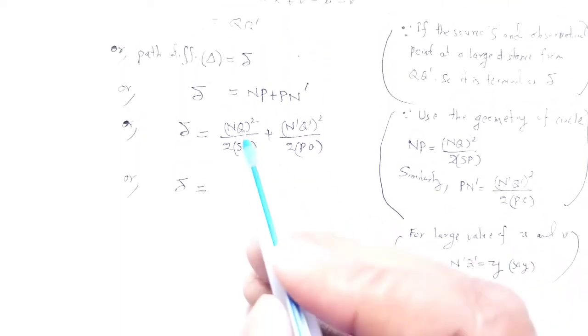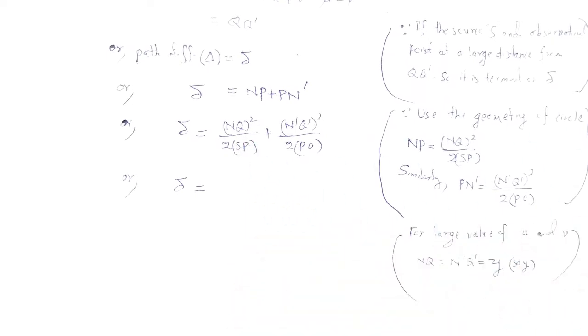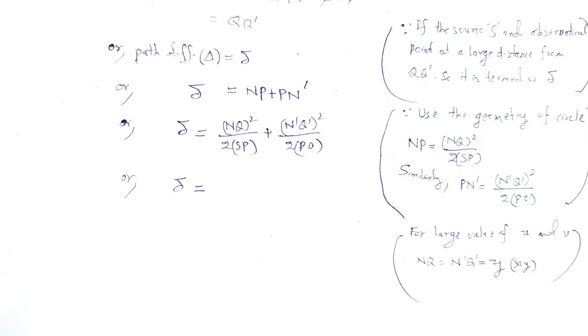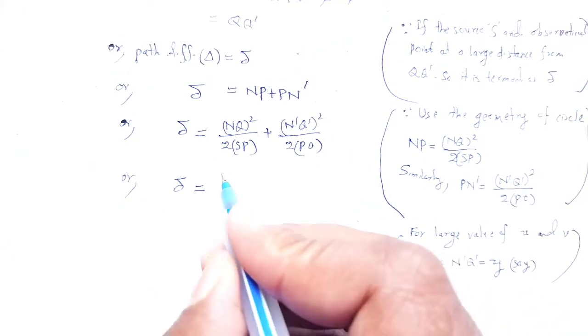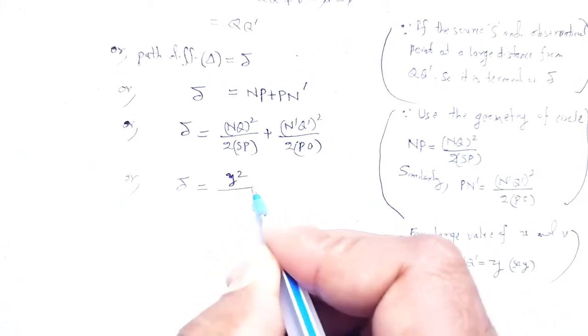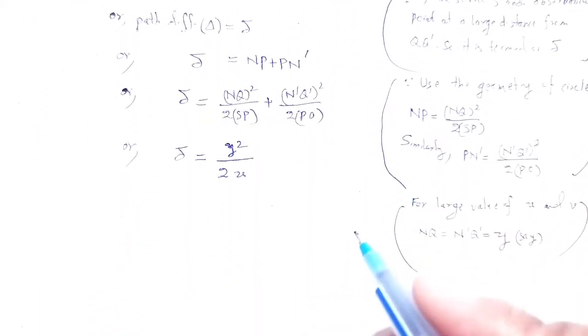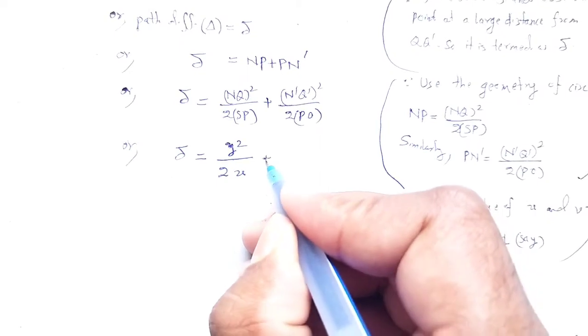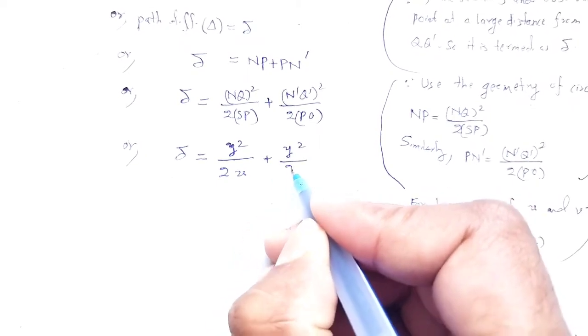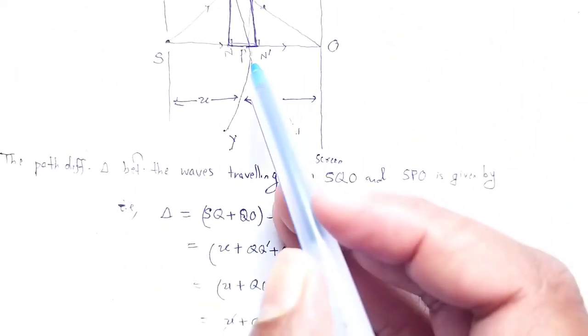Now putting the values, in place of NQ we have y squared divided by 2u, and next N dash Q dash squared, y squared divided by 2 times v in place of PO.